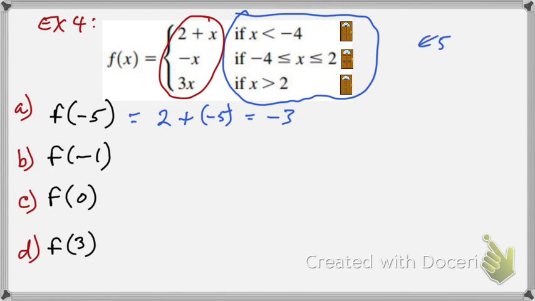Then send in a negative 1. What door? The middle, all right? So going in that door, it says just take the negative of whatever x is. Sending in 0. Again, the middle door, because 0 is in between negative 4 and 2.